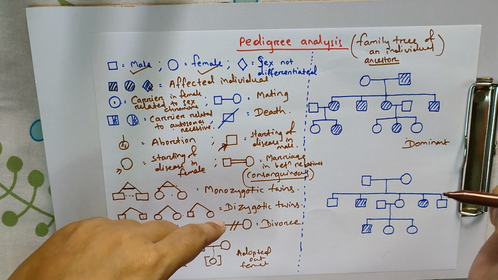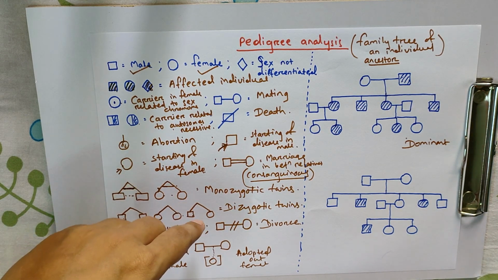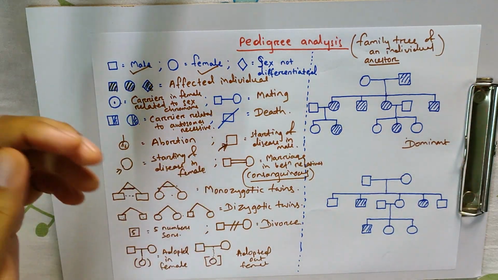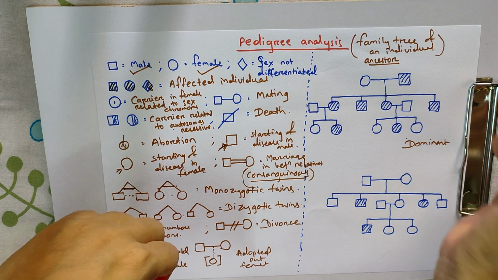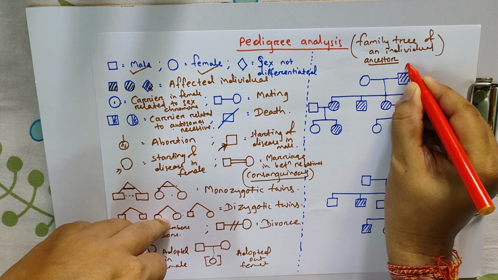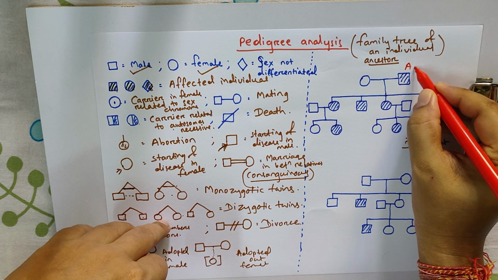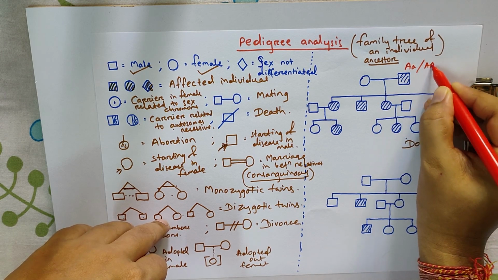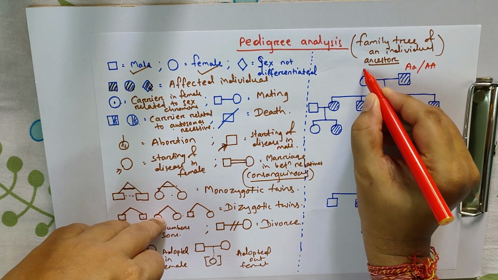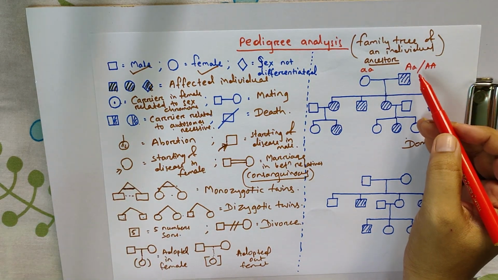Then we apply whether it is sex linked or autosomal. Suppose it is autosomal dominant, so either capital A small a or capital A capital A, both are dominant, and the unaffected is small a small a. Then what will the offspring be?